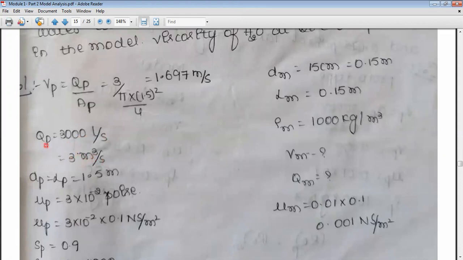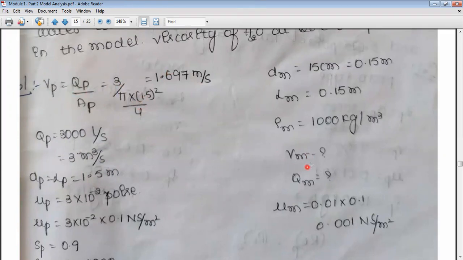Once the discharge is given and you know the diameter of the pipe, you can find the area of the pipe. Once you find the area, you use the basic relationship that velocity of the prototype is equal to discharge divided by area, because discharge is equal to area into velocity. The discharge value of the prototype is 3. The area, you know the diameter, is pi d square divided by 4, pi into 1.5 square by 4, and you will get the velocity of the prototype.